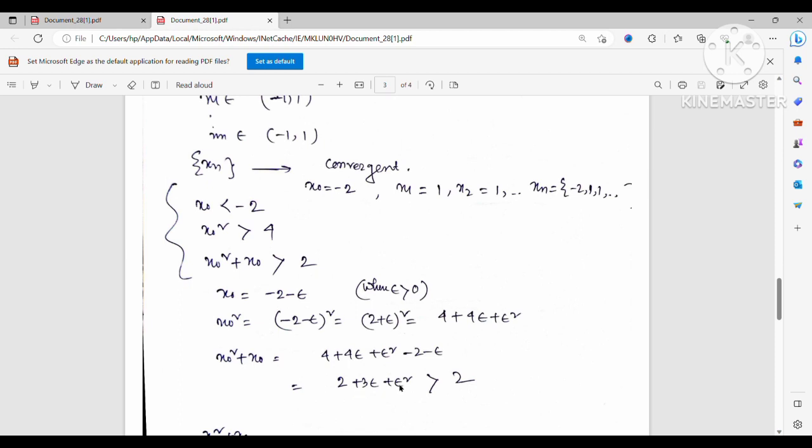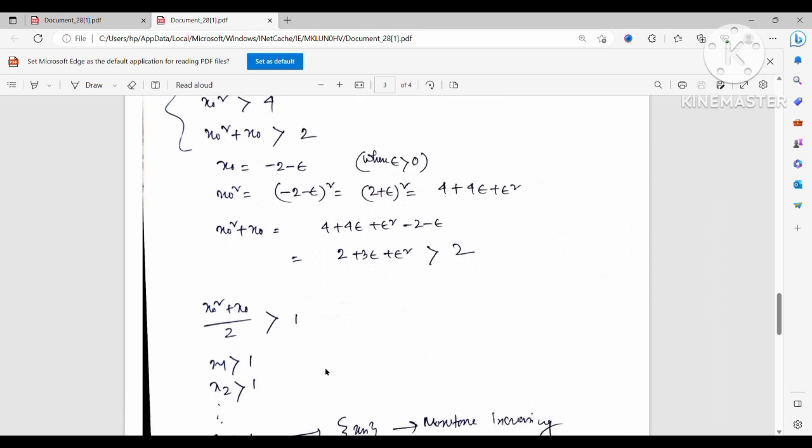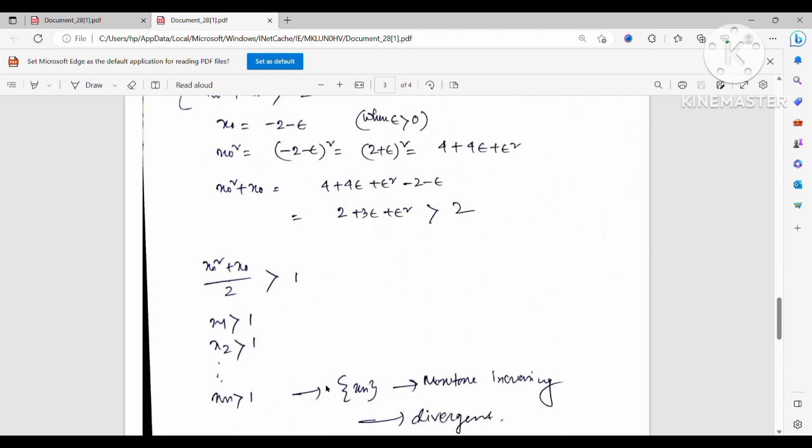Since epsilon is positive, 3 epsilon plus epsilon square is also positive, so this is strictly greater than 2, right? Then (x0 square plus x0) divided by 2 is always greater than 1, then x1 is greater than 1, and we already saw that if x1 is greater than 1, then x2 is greater than 1, and similarly xn is greater than 1, then xn is monotonically increasing, the same situation arises, and definitely xn is divergent.